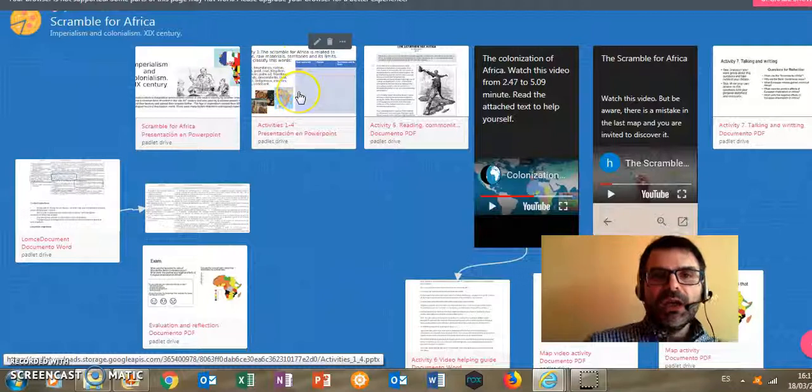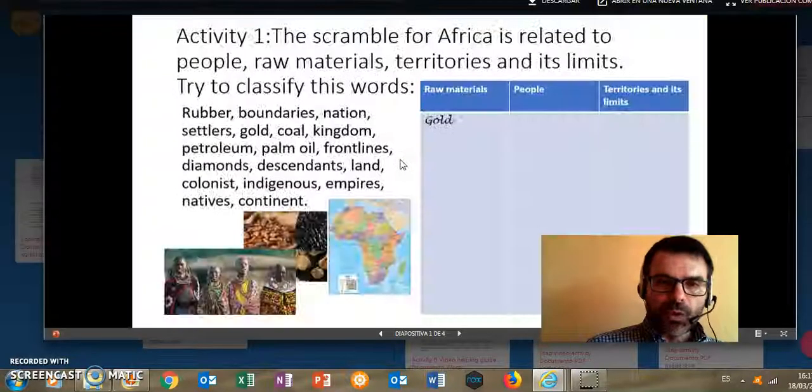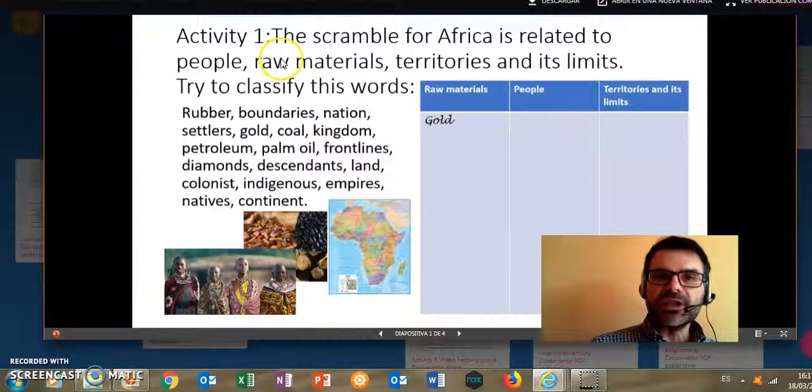About linguistic tasks, we will start with the first activity, and in this activity they will try to classify these words. There is an example that is easy for them to recognize, and they must fill the gaps: call, kingdom, front lines, descendants, diamonds.